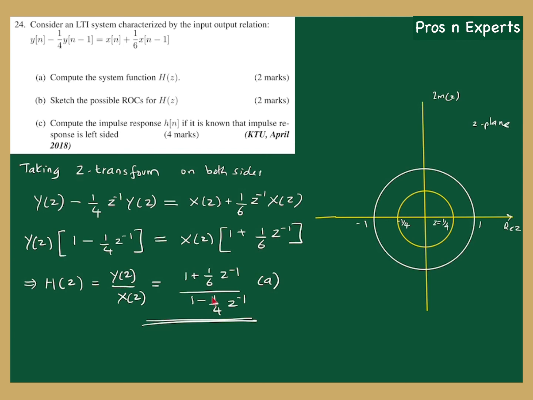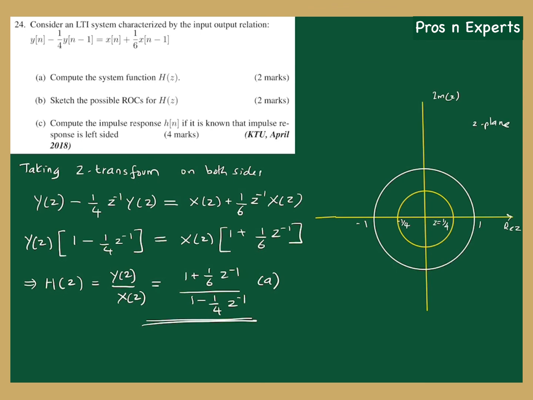The pole is at z equal to 1 by 4. So I have drawn a circle in yellow color which corresponds to this pole at z equal to 1 by 4. Mod z equal to 1 by 4 is the equation of the circle. And I have drawn the unit circle. Okay, fine. Now the question is to sketch the possible ROCs for H of z. So what are the possible ROCs?